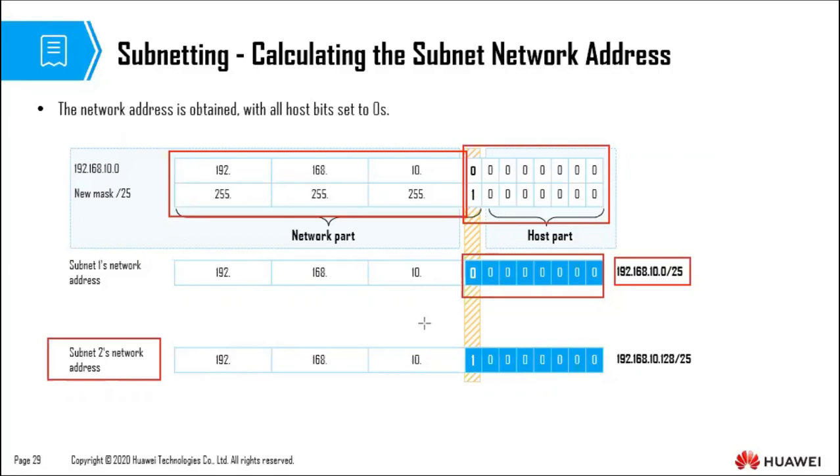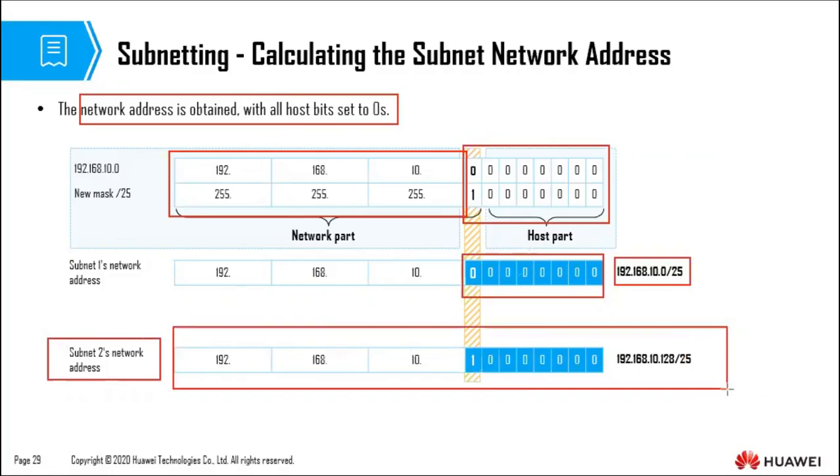There's something I'm missing. What am I supposed to say? Network address is obtained with all host bits set to 0. There's something I think I'm supposed to say about this, but I can't figure it out.